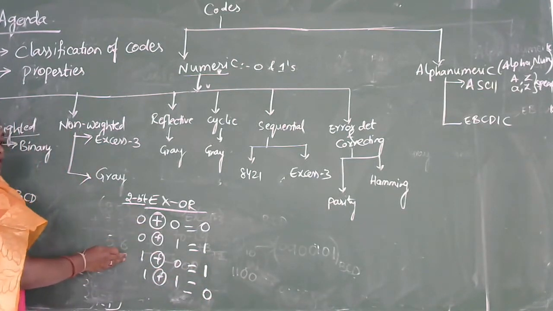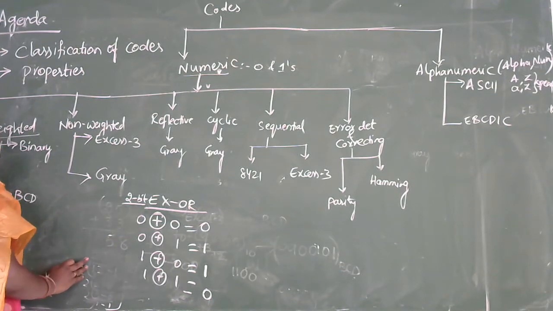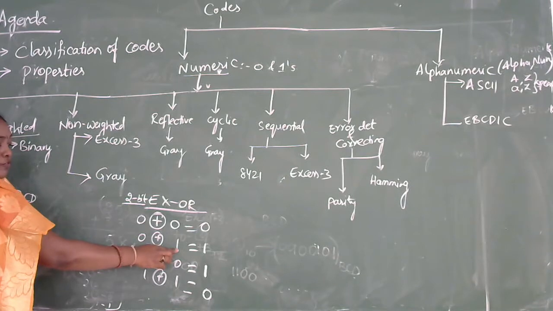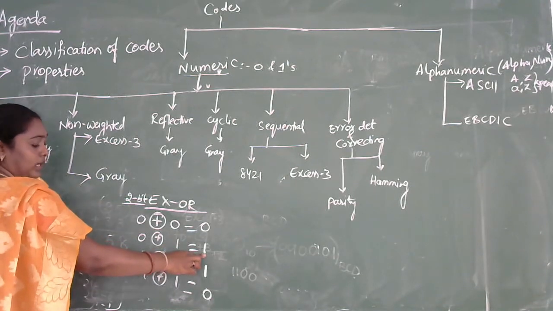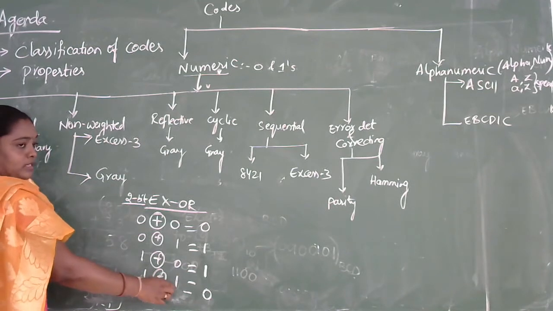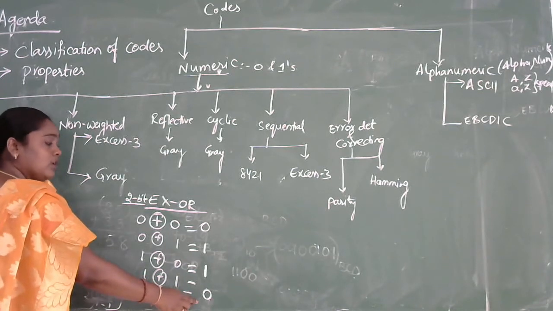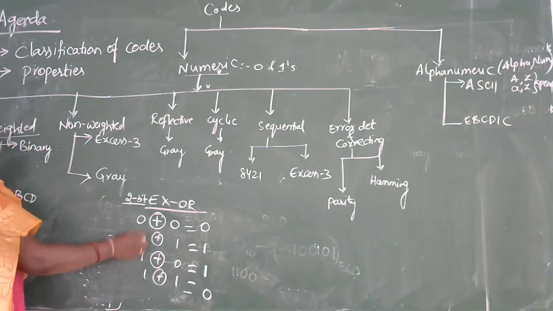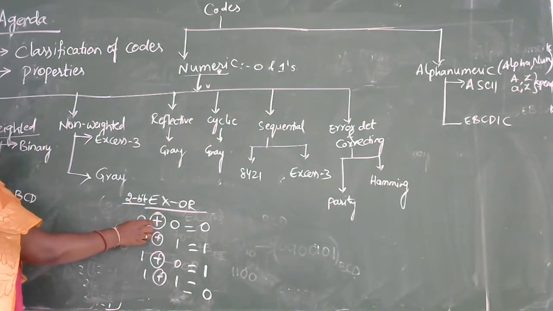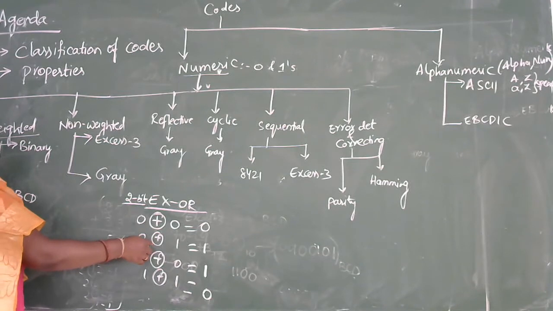Or in other words, I can generalize this statement in such a way that when the input is having an odd number of ones, the output is equivalent to 1. When we are having an even number of ones, the output is equivalent to 0. So we can say that the property of an XOR gate is that it is used in order to generate an odd parity.